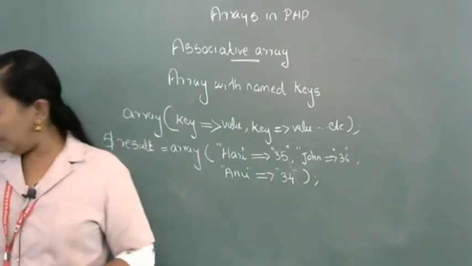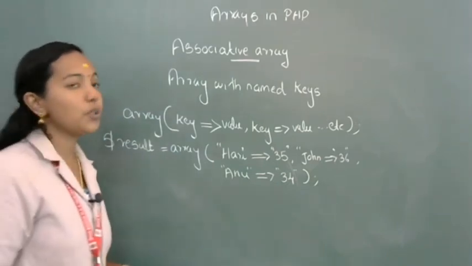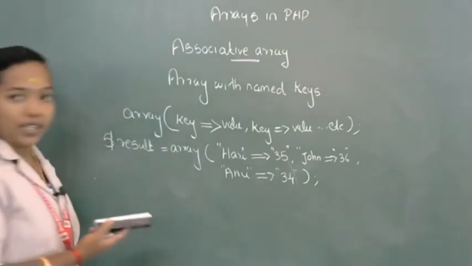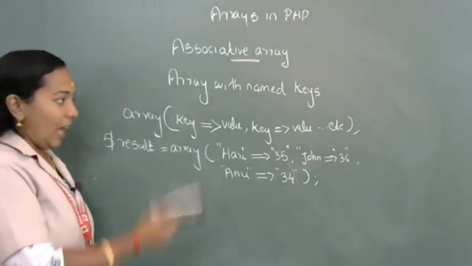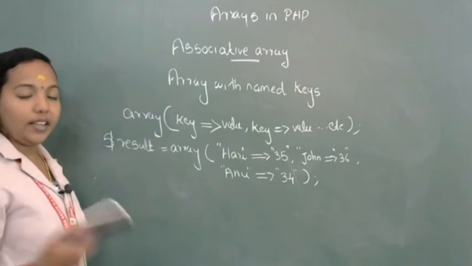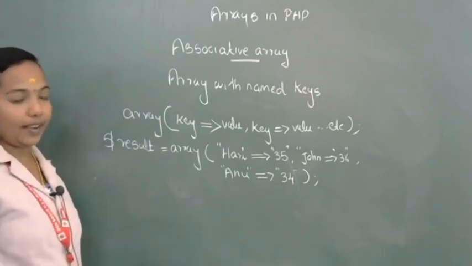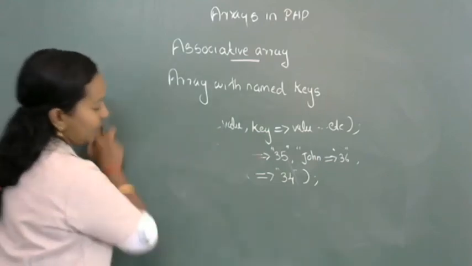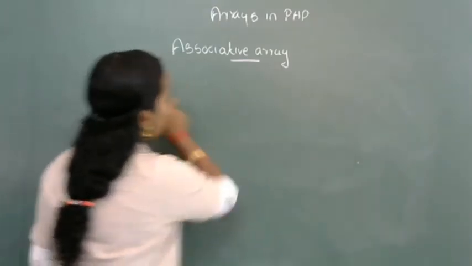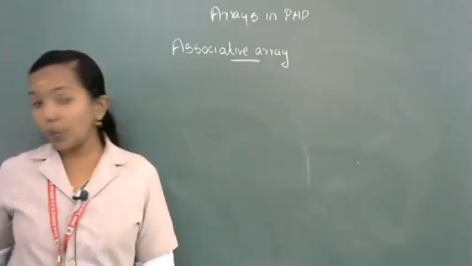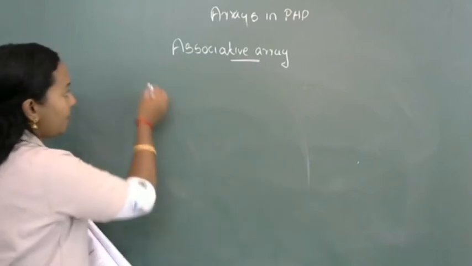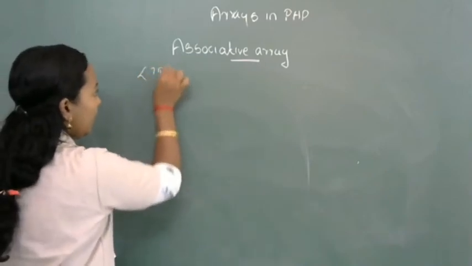Then an example of associative array. I am going to write an example. So you know the syntax: key, value, etc. Any number of keys along with the value we can write. Open the PHP tag.